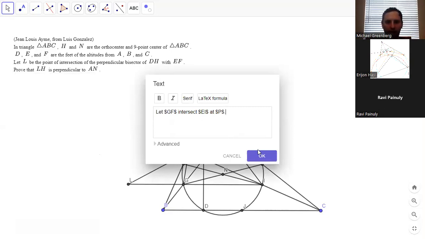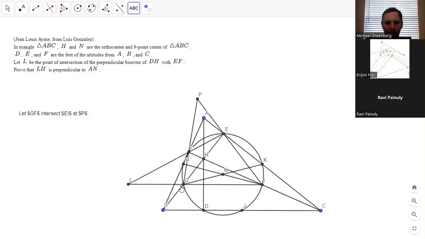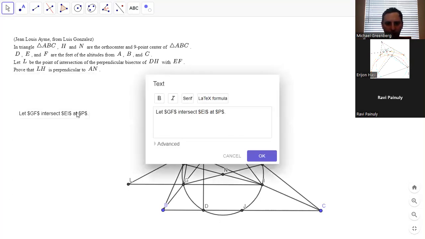And I'll say, let G and I... Yeah, first let me define those points.